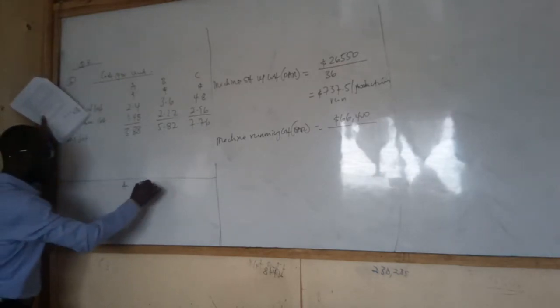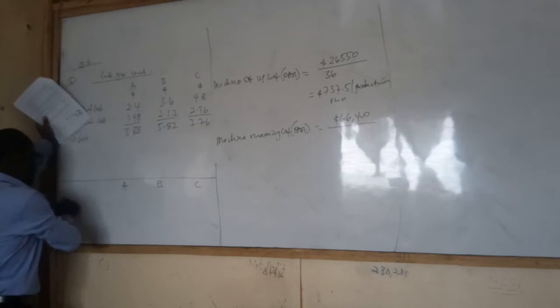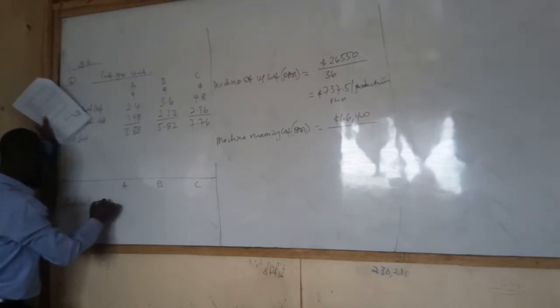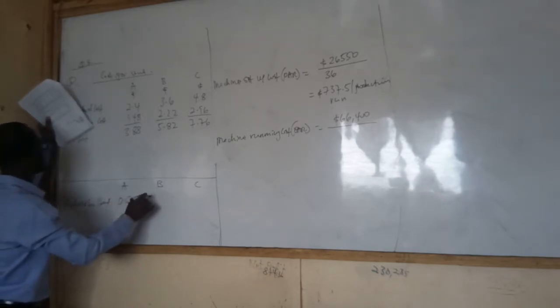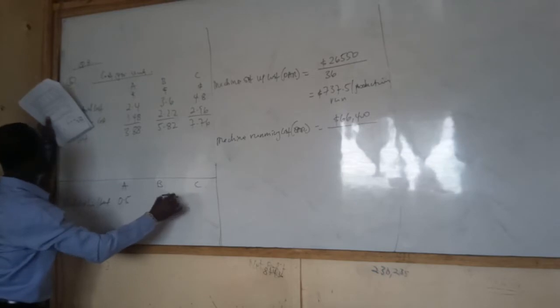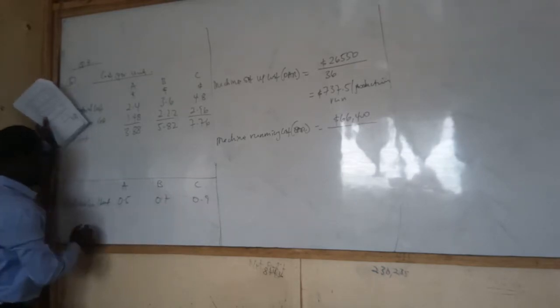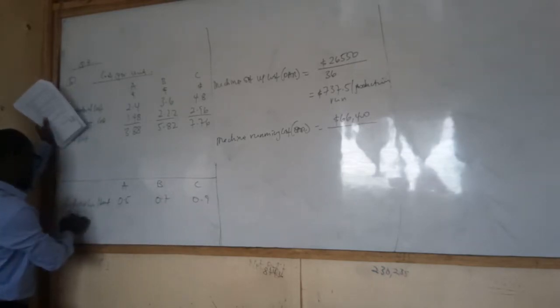So A, B, C. Give me the machine hour per unit. What's the machine hour per unit? 0.5, 0.7, 0.9. Then we bring what? The production units. What do we have?